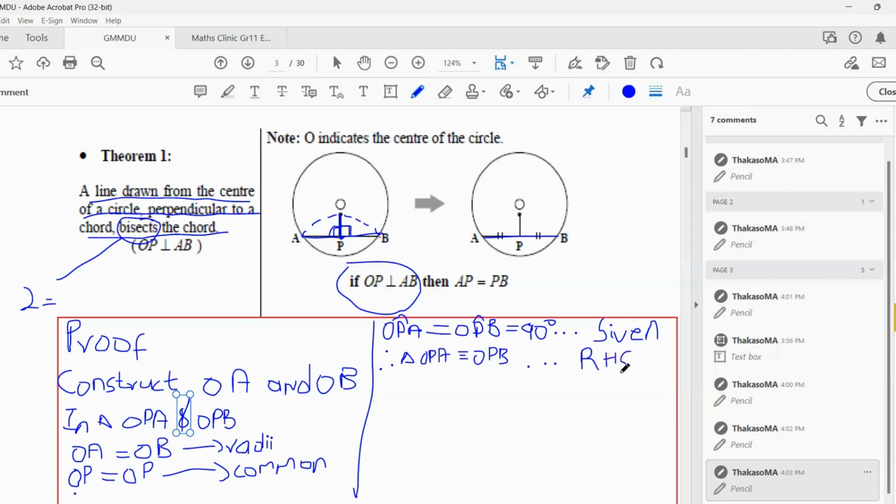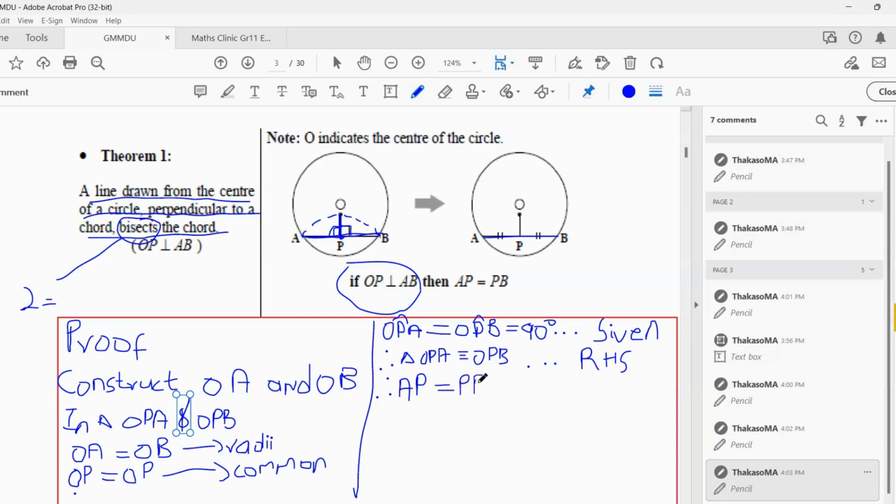It is well known that RHS stands for right angle hypotenuse side. So that means we had two right angle triangles, and then we had hypotenuse sides of the two triangles and a right side being equal, making those two triangles congruent. Since we have these two triangles congruent, that means the remaining sides are then equal. Therefore, AP is equals to PB.